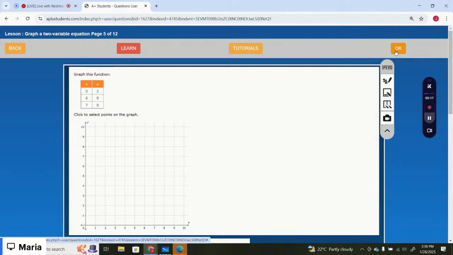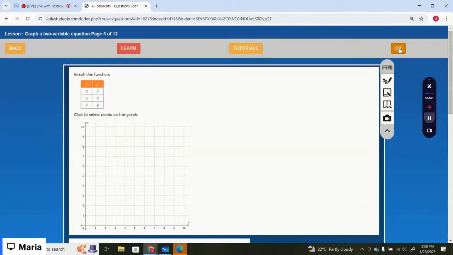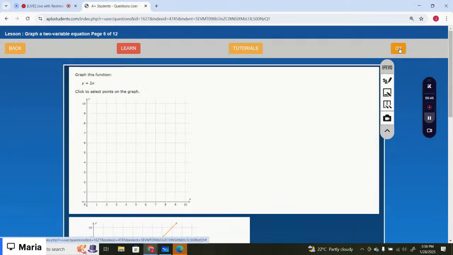Graph this function: 0 to 6, 8, 7, 9. Option number 1 is the correct option. y equals 2x.